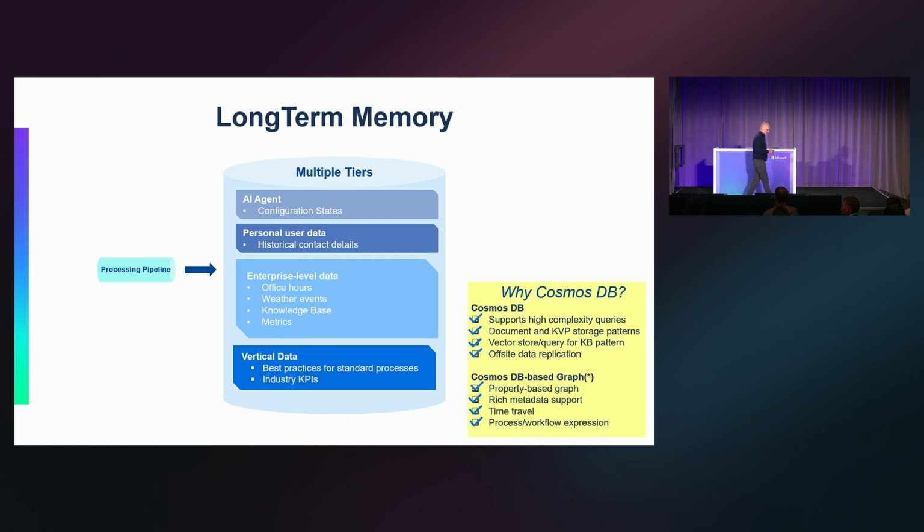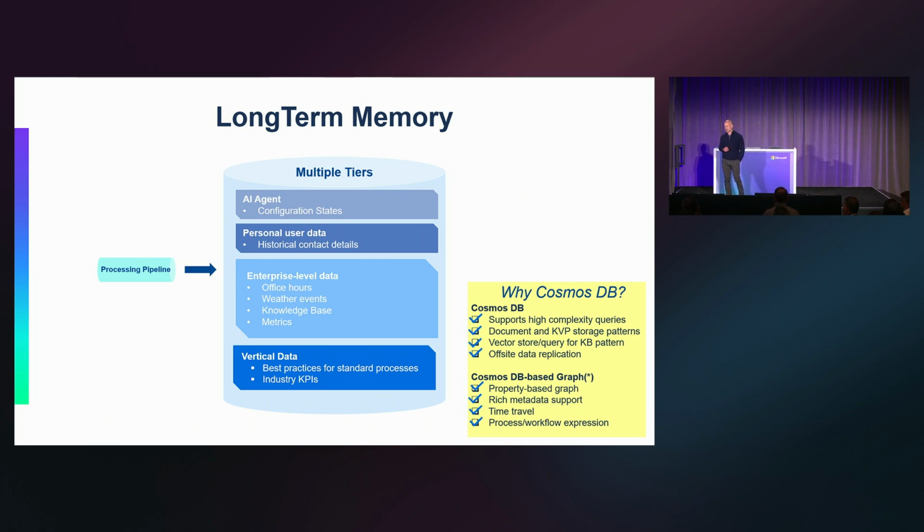So why did Cosmos DB meet these needs? One, the ability to support these highly complex queries on this long-term memory. It allows us to partition that need from the short-term memory needs and run these queries that drive the intelligence of our AI agents without impacting the short-term memory and its performance, as we experienced when we built this within our own data centers.